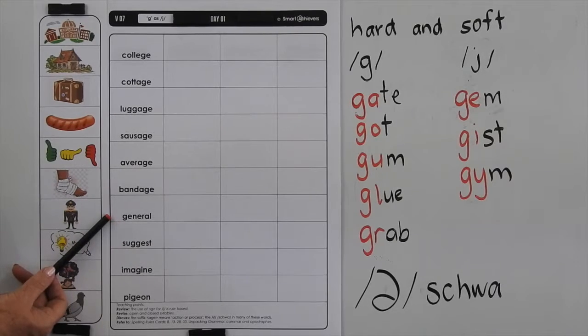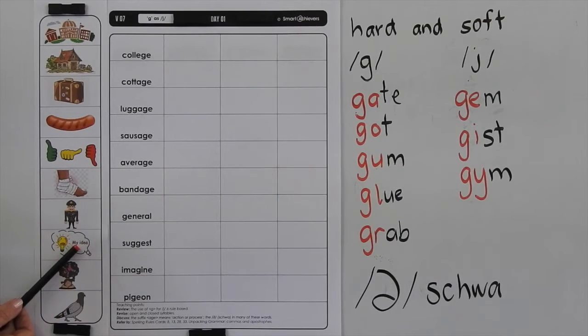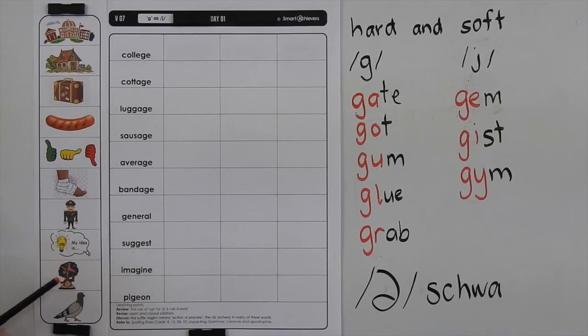General could be a chief, but it could also mean affecting most people or things, and it could also mean not exact. Suggest is to consider something or to say something indirectly, and so you might say something like, "Are you suggesting?"